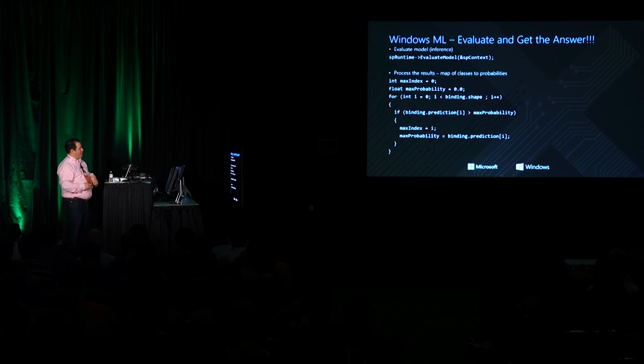If we look at my code here in PowerPoint, it iterates through the return and finds the maximum value of what was returned from the system. So that maximum probability is the most likely number that came back from the system. So all I've really done here in code is load the system up, load the data into the system, load the model into the system, bind the resources, and then call eval.